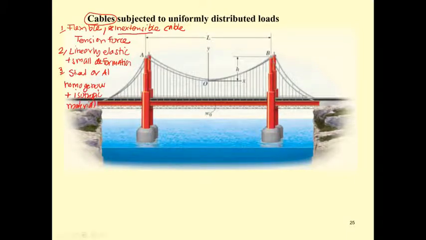Okay, now when we learn the cable subjected to point loads, we also have some notes on the cable. The first note is that the T max on the cable occurs at theta max, the angle that the cable makes with the horizontal axis.